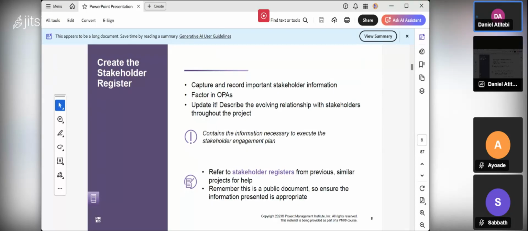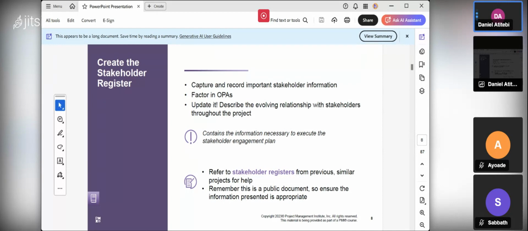That's why I say a stakeholder register is a living document, a living artifact that you keep on updating throughout the lifespan of your project. It's very important for you when you are doing the PMP exam, because it's a living document that you keep on updating based on what goes on in your project about the stakeholders.